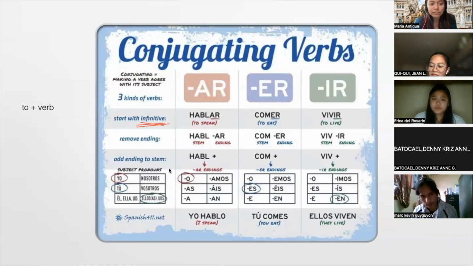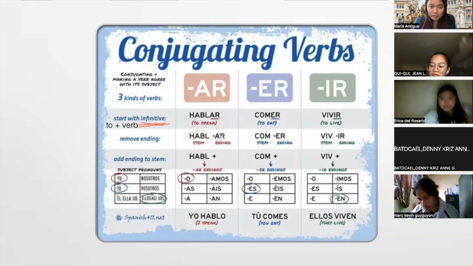Now, the rule. Okay? Ang rule ngayon sa AR, okay? You have to now remove the ending, AR, and then add an ending to the stem. You have to add this: o, as, itong mga to, okay? Depende kung sino ang doer of the action. So, if you want to say, I speak, yo, ano na ngayon?